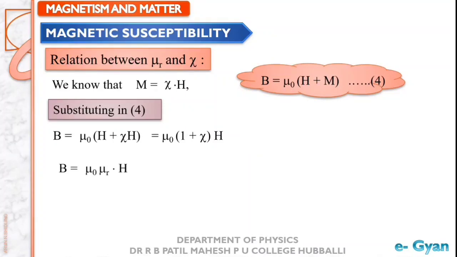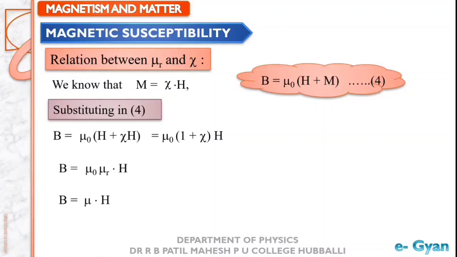So B is equal to mu naught mu r into H, and we see that B is equal to mu into H. Here mu is the permeability of the material placed inside the solenoid. So the net magnetic field is written in terms of the permeability of the material placed inside the solenoid.